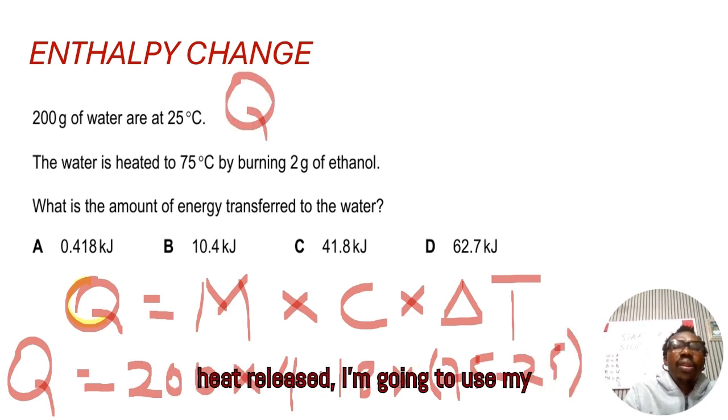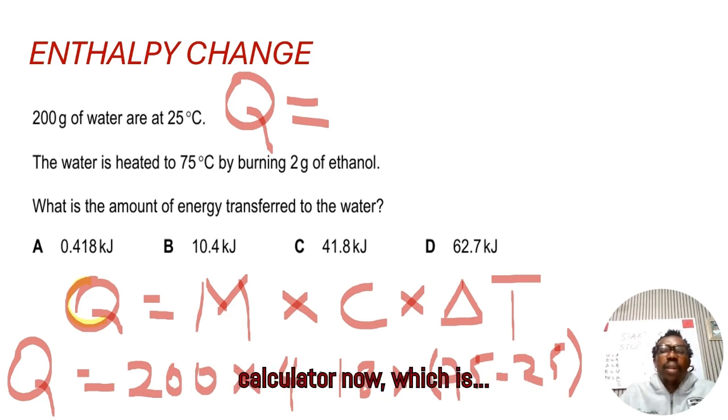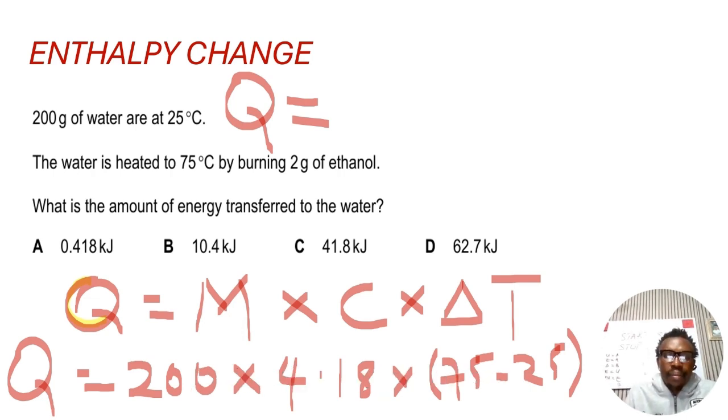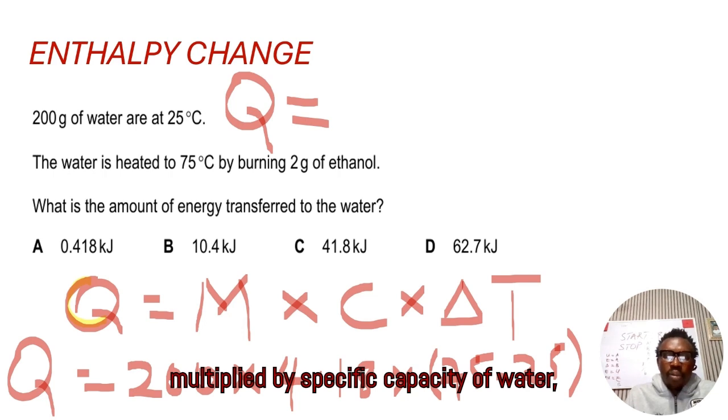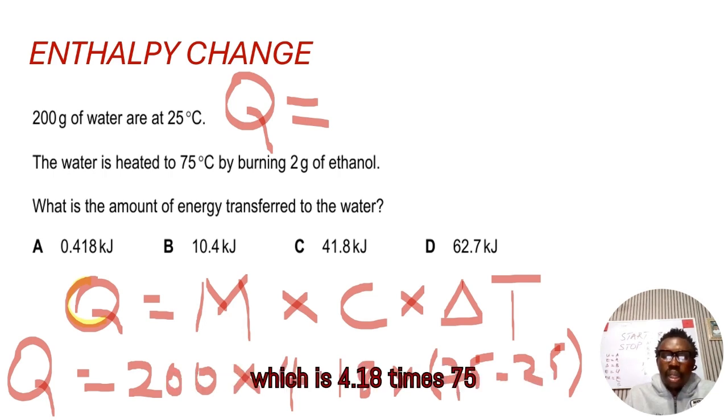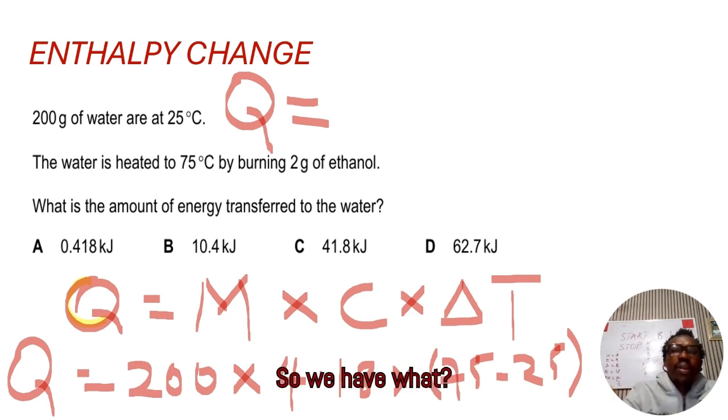So I'm going to use my calculator now. It will be 200 multiplied by 4.18 times 75 minus 25, which is 50. So we'll have what?